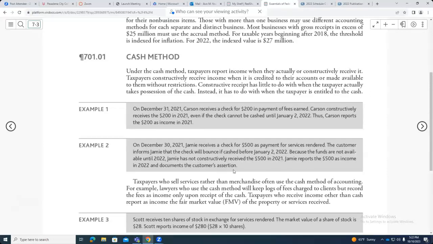Jamie reports the $500 as income in 2022, and here is the important part: documents the customer's assertion. So you have to have documentation. You cannot just verbally say that. Make sense? So the customer has to send you an email or something like that, saying the check will bounce if you deposit it.